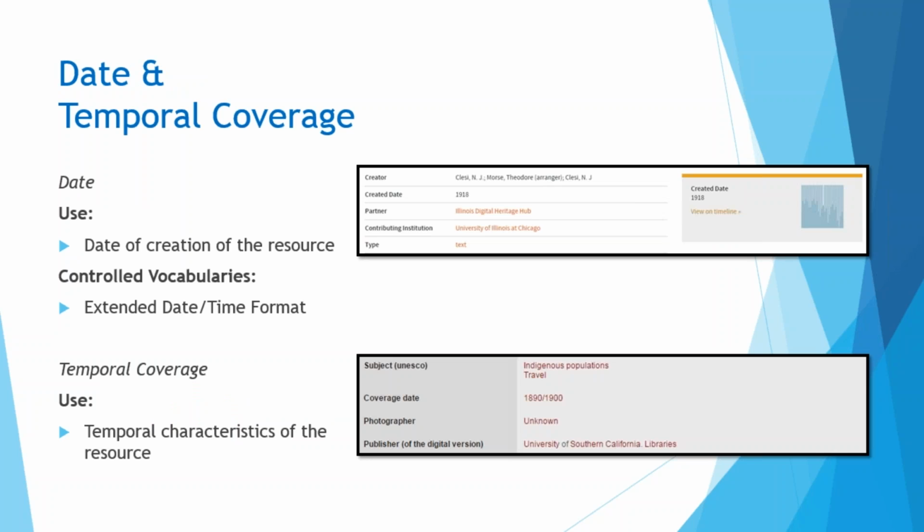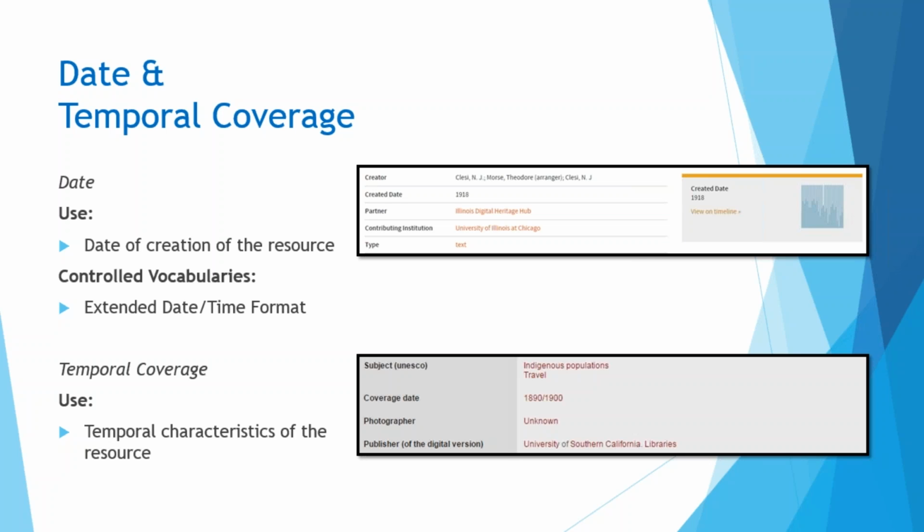We touched on the date and temporal coverage before. The date field is strongly recommended and is not repeatable. When more than one date field is used in the local environment, such as the original date, a digitization date, or an acquisition date, only the original date should be mapped to date.